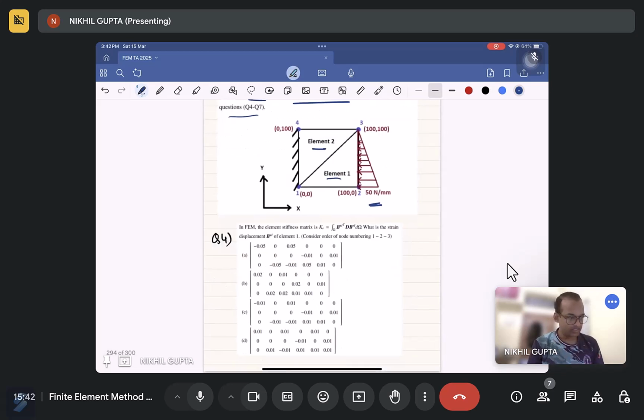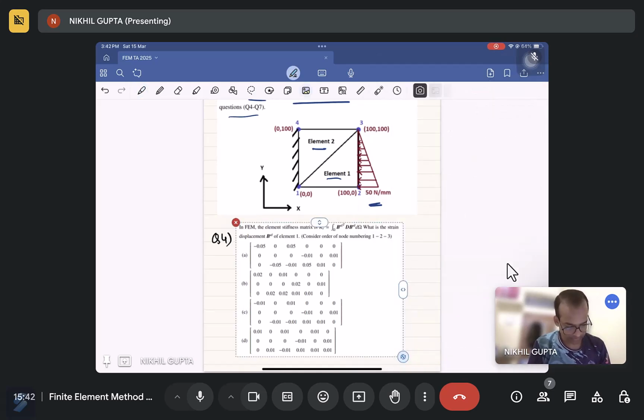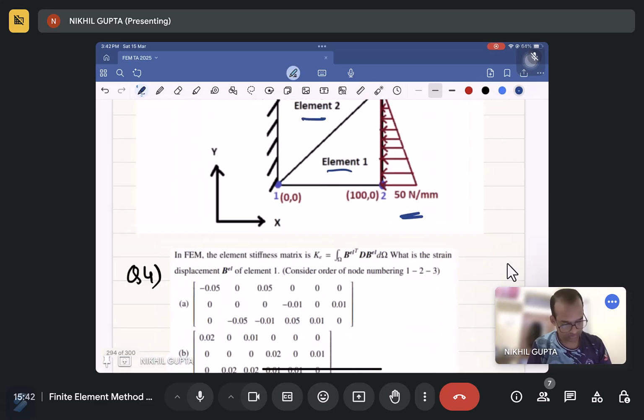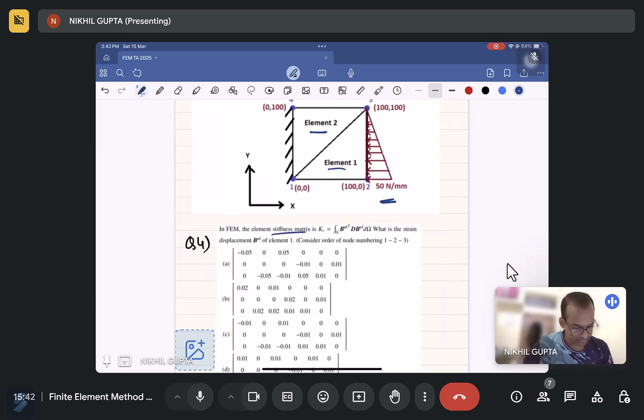Okay, so let's start solving. Let's see what is asked. In FEM, the elemental stiffness matrix is this.